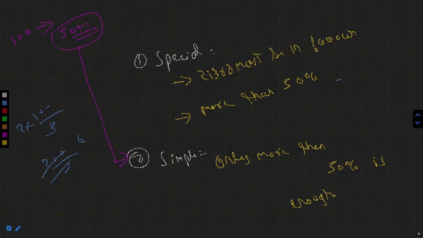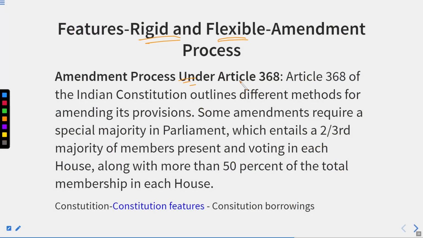And when you convert, it's nearly about approx 63.3%. It's not accurate. I am saying this again. This is just for example. So please do not calculate and check the answer and tell me wrong. It's just for example. So about 63% and more should be in favor of the bill. Okay. So this is the special majority. All right. So this is stated by Article 368.